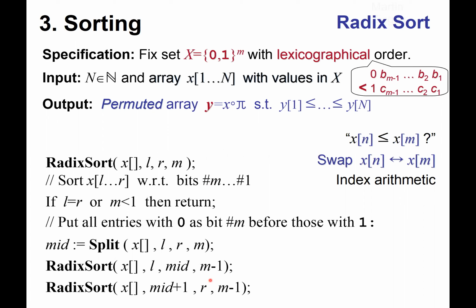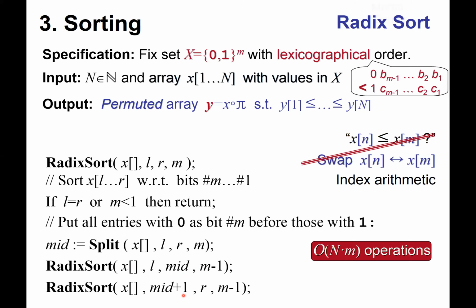So this basically means we have one loop of M iterations looking at each bit, and in each loop, N elements are being sorted. Here, elements up to position mid, and here from position mid plus 1 up to capital N, so that the overall running time of this algorithm is N times M operations.